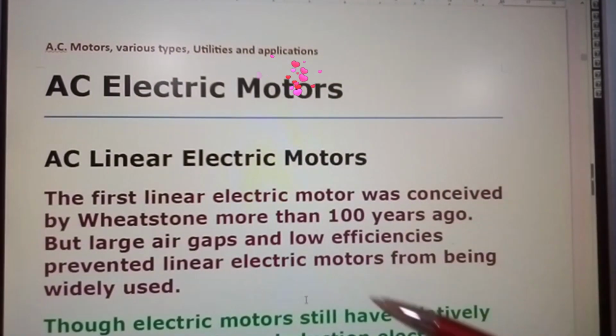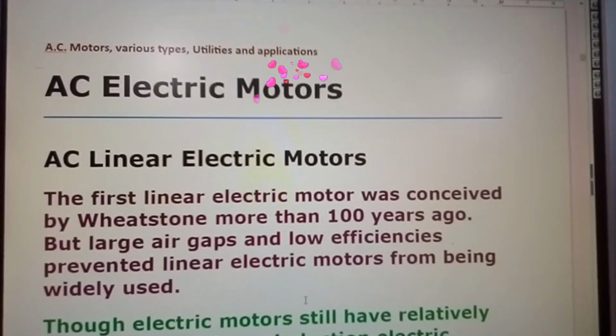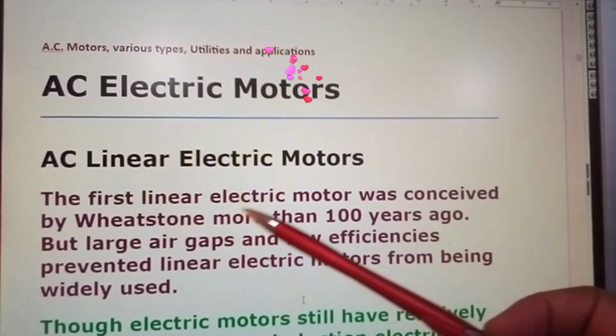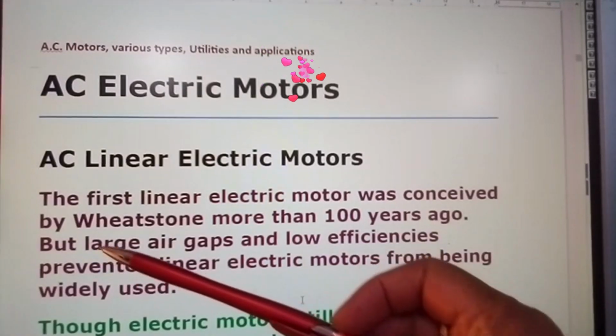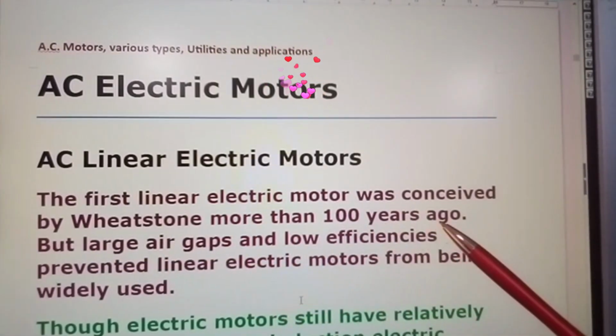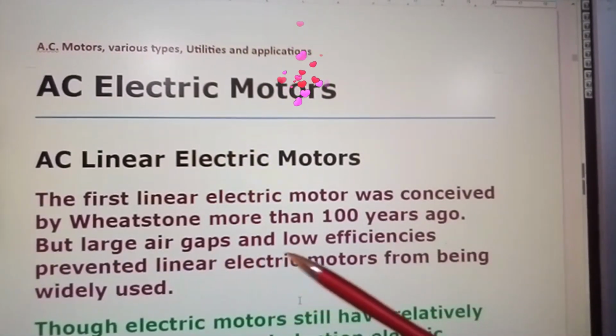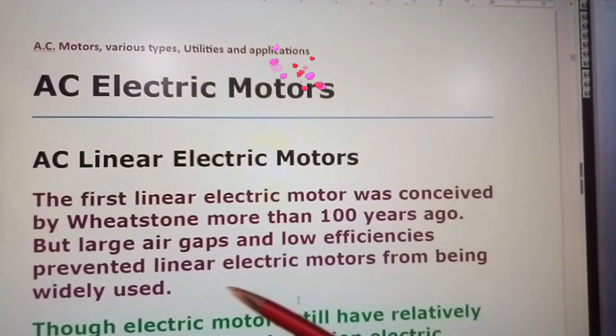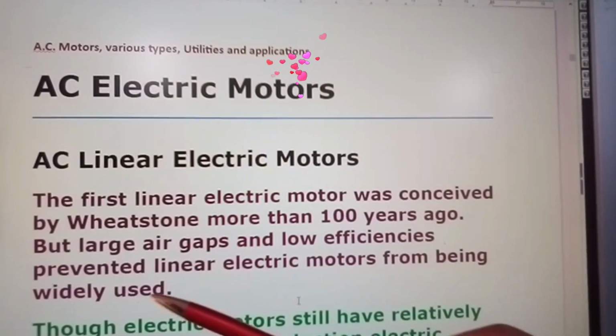Anyway, AC motors, AC linear electric motors. The first linear electric motor was conceived by Wheatstone more than 100 years ago, but large air gaps and low efficiencies prevented linear electric motors from being widely used.